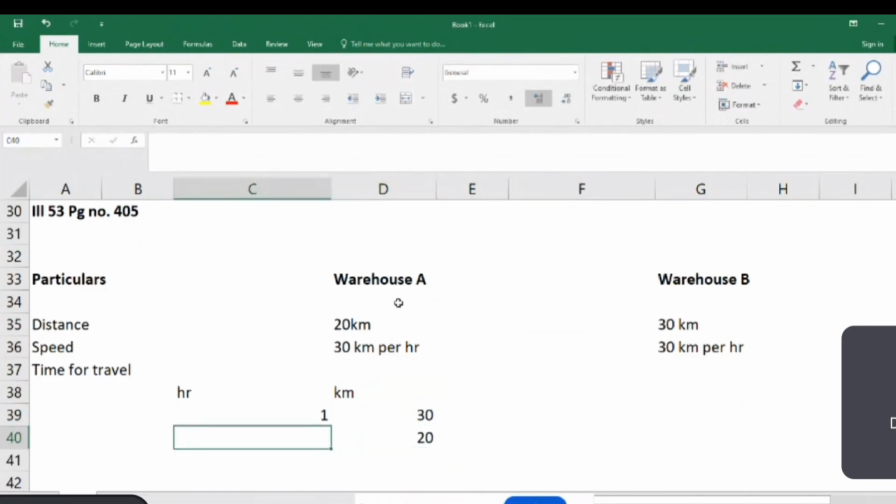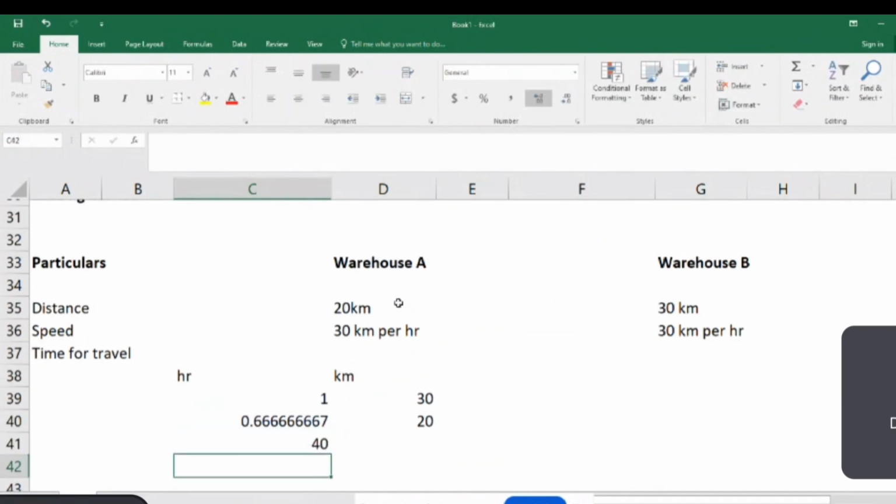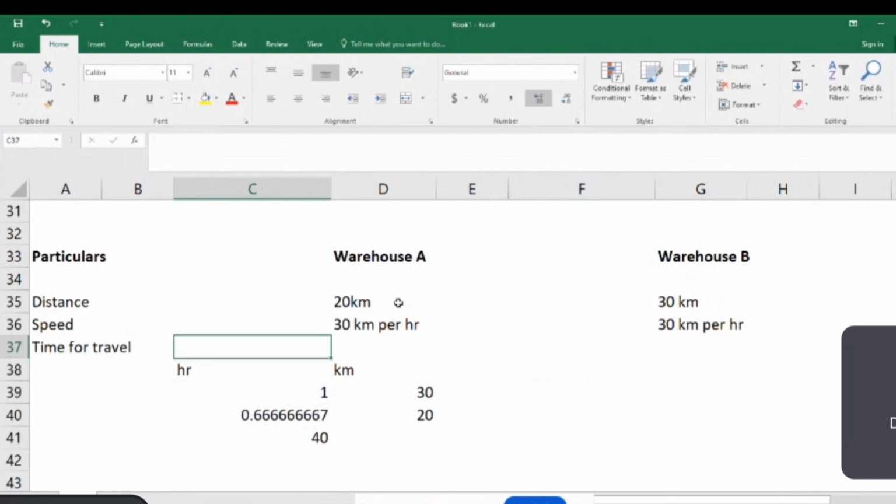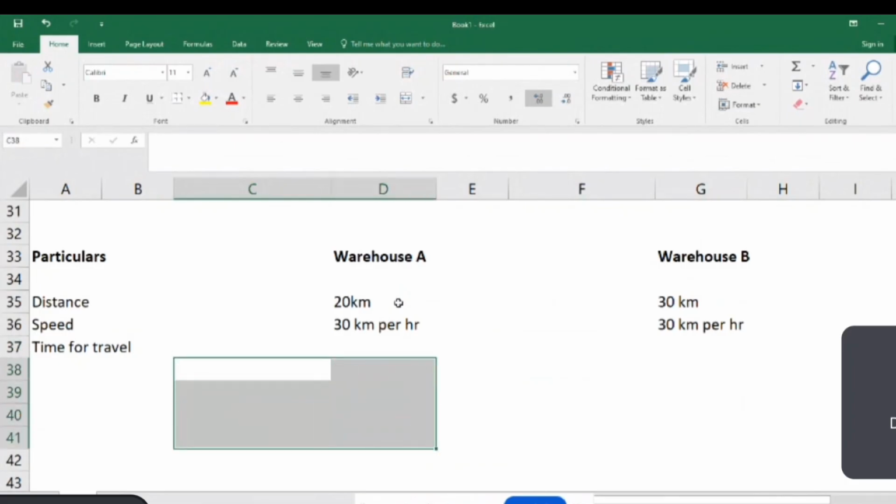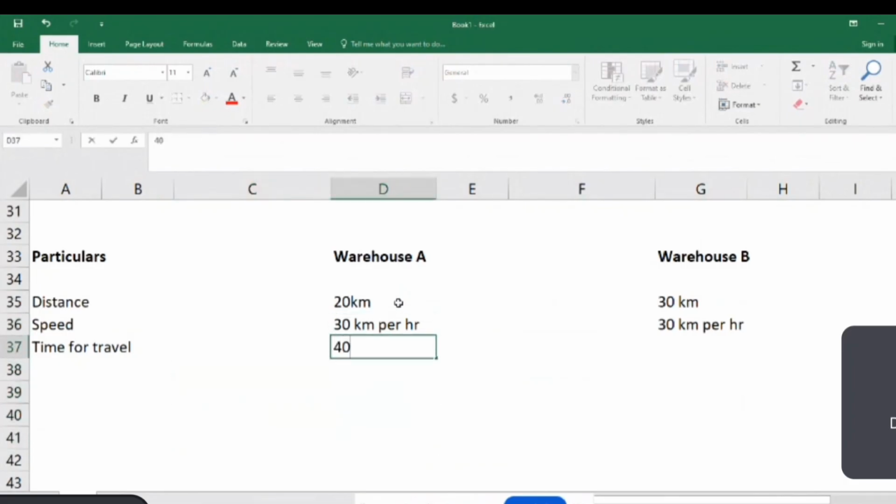Then how many hours will you take? Simple cross multiplying, divided by 30. But I want this in minutes. What will you do? Multiply this by 60. So 40 minutes it is taking to travel to warehouse A.